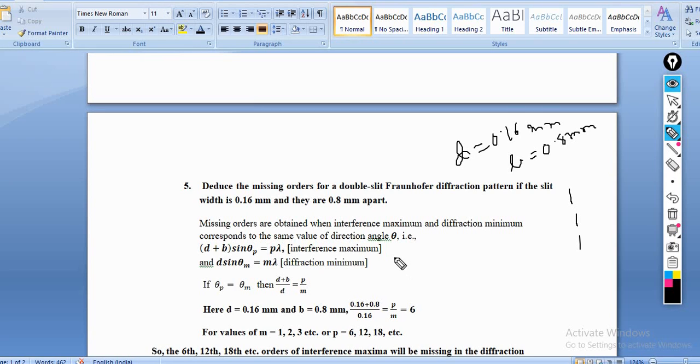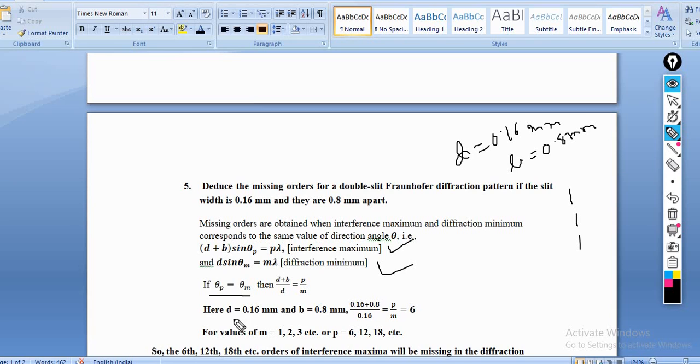In the double slit case, we have the condition for interference maxima and diffraction minima. Interference maxima: (b plus d) sine theta is equal to p lambda, and the minima is given as d sine theta is equal to m lambda. Now the missing order will be observed when these two angles are equal. If they are equal, we divide the expressions: (b plus d) divided by d is equal to p by m.